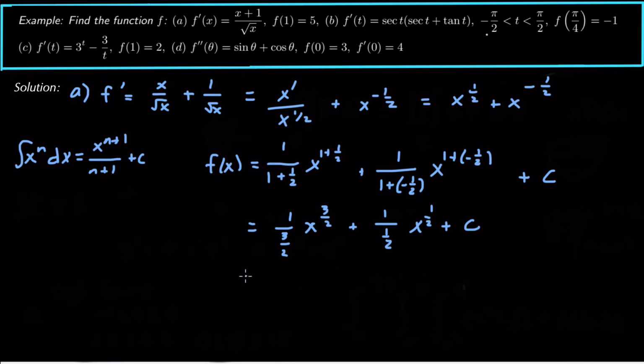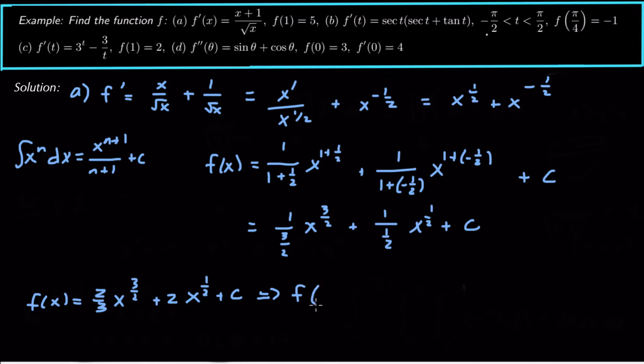And this can simplify to f of x equals 2/3 x to the 3/2 plus 2x to the 1/2 plus c. Now we use our initial condition, f of 1 equals 5.